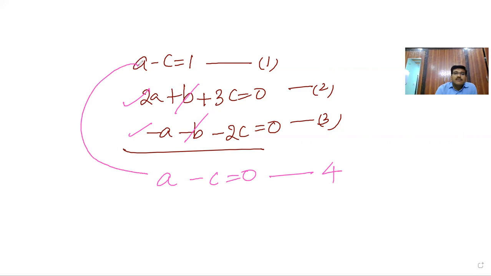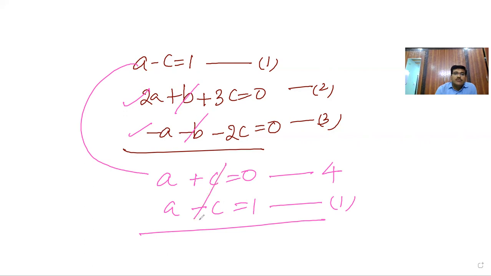Solving again 1 and 4. I'm writing over here: A minus C is 1, the equation number 1 again, and A plus C is equal to 0.